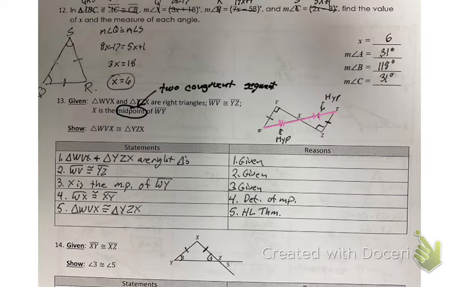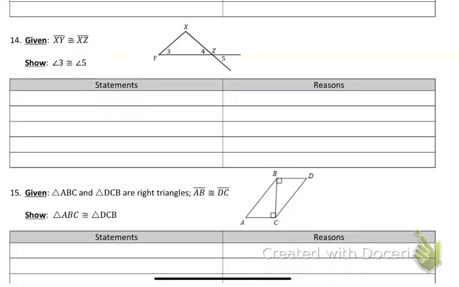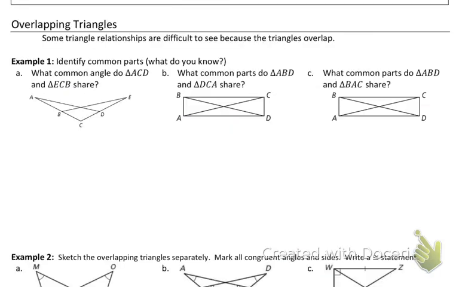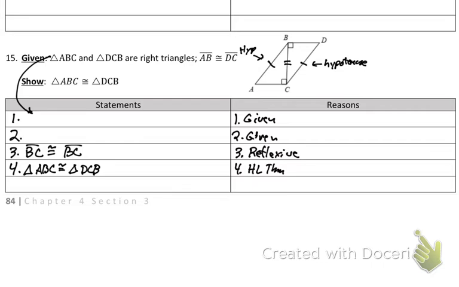Okay, then the first thing we're talking about isn't really new. It's just kind of new how we're going to tackle it. These are called overlapping triangles, where I have triangles that are sharing a lot of the same space. We've already had ones that share a side.